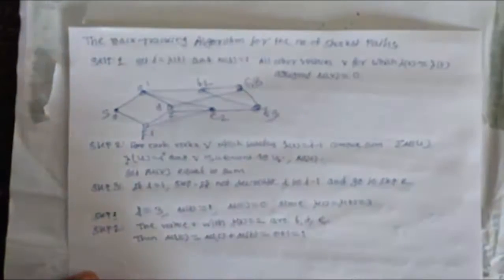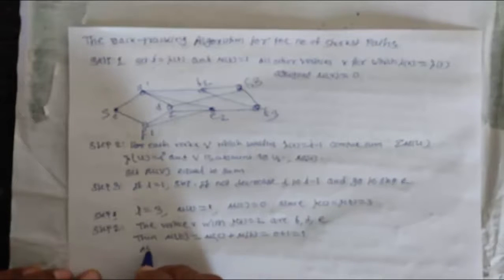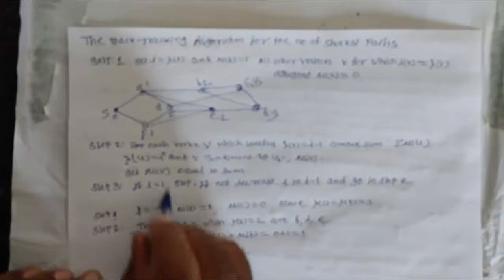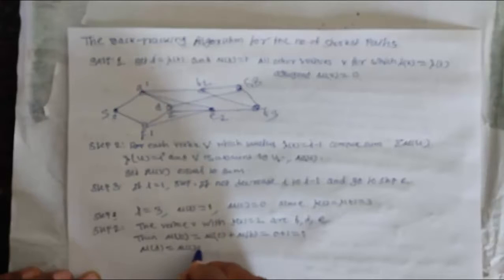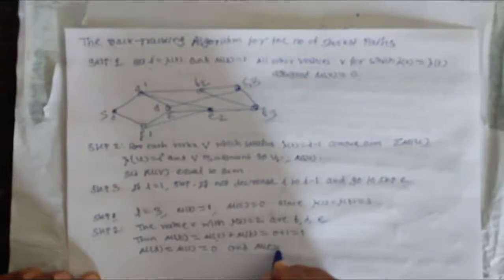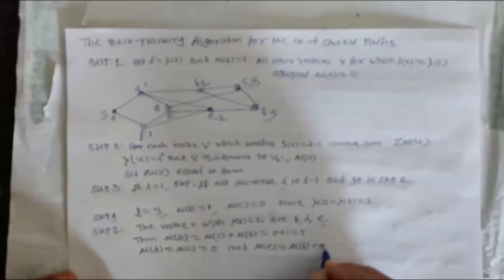Mu of B is 1. Mu of D is equal to, directly, mu of C, this is 0, and mu of E. Mu of E is mu of T plus mu of C. This is 1 plus 0 is 1.